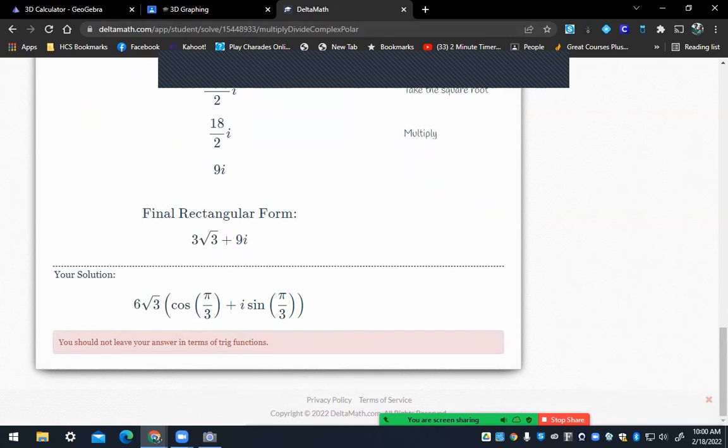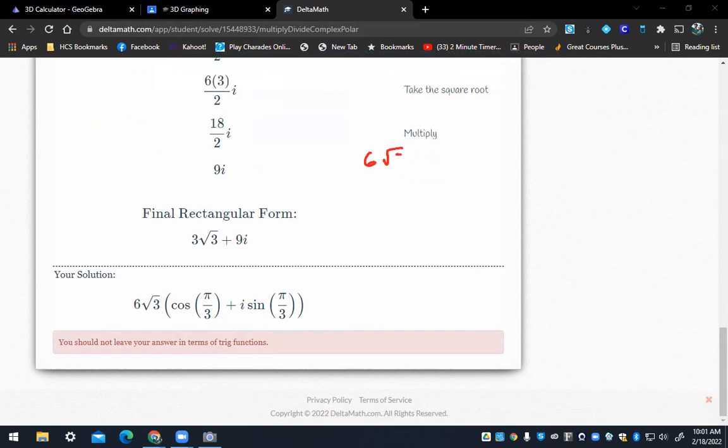It's really not. All right, so we had 6√3, and then we had cosine plus I sine pi over 3. This is a problem when you don't read, right? All right, so cosine of pi over 3 is what? If we look at the unit circle, yeah, so 60 degrees.